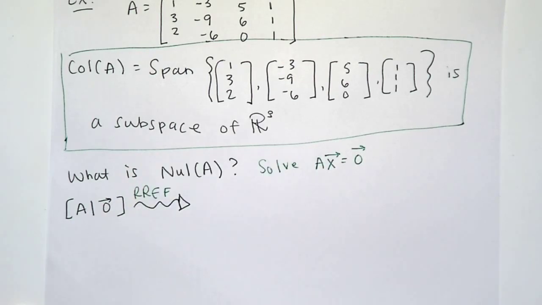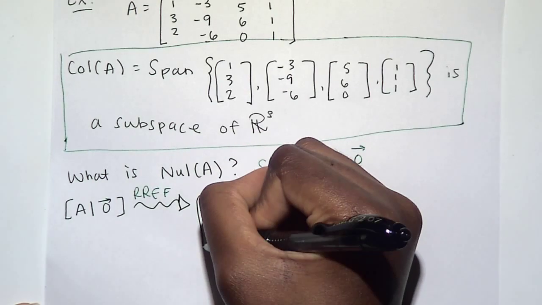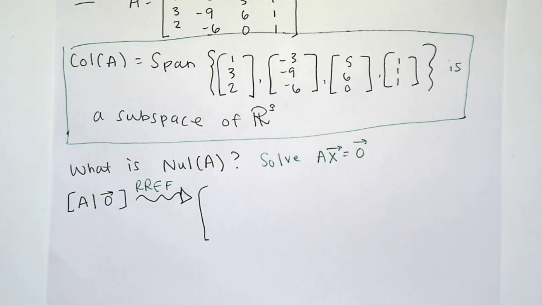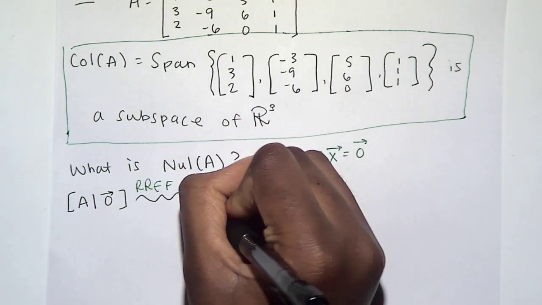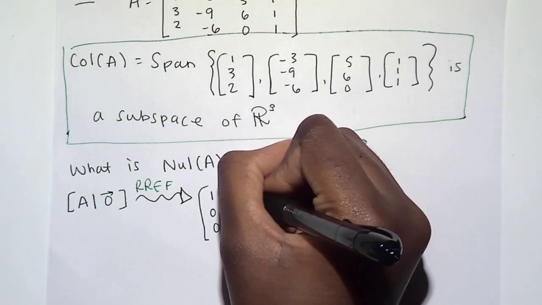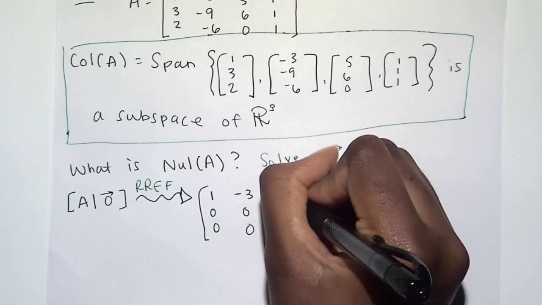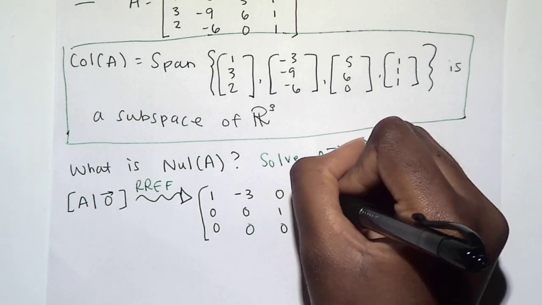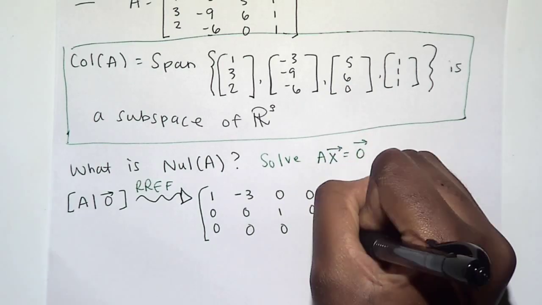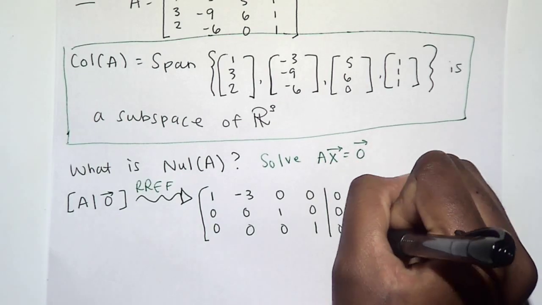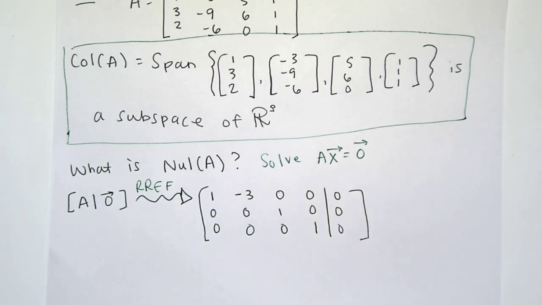It may take some work. I'm going to skip the work for the purpose of this video. Okay, so when we row reduce to RREF, I have down the columns 1, 0, 0; -3, 0, 0; 0, 1, 0; and 0, 0, 1. Okay, so this is what it looks like when we do an augmented matrix and row reduce it.